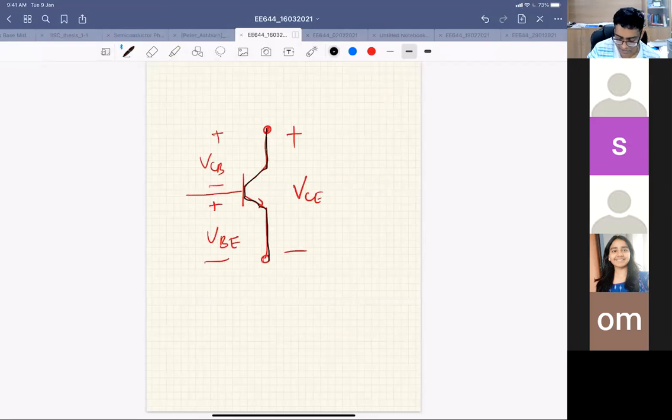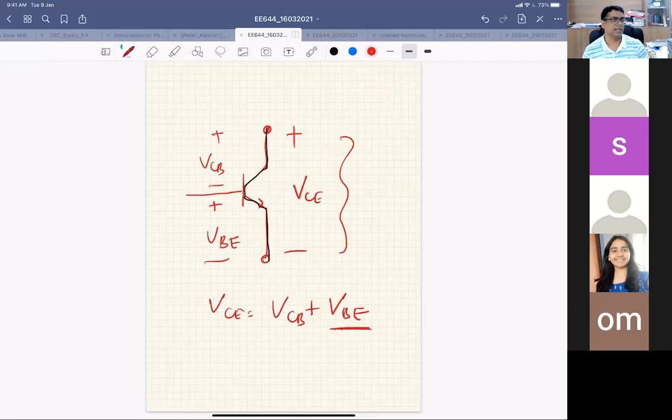So VCE is nothing but VCB plus VBE. But when you are talking about breakdown with a reverse biased junction, your base to emitter voltage cannot be very high, because it will be hardly 0.7 to 0.8 volt. So your VBE is always much less than VCB.